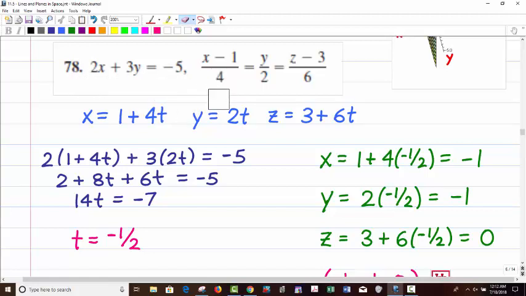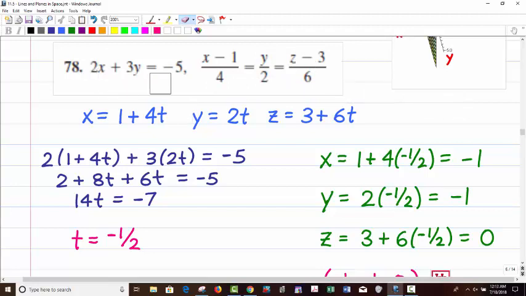This is 4t right there, so x minus 1 equals 4t, so x equals 1 plus 4t. The middle one is y equals 2t, because it's y minus 0 in the numerator. And then z equals 3 plus 6t. Your x1, y1, z1 are up here and your a, b, c are down there, and they're easy to convert to parametric.